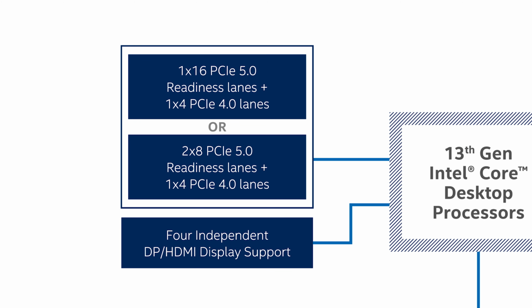So if you have a NVMe PCI Express 5.0 when it does get released, if you notice on the chipset diagram here, it will also split the power of the PCI Express 5.0. It will actually be 2x8 into PCI Express 5.0. Even though it does state that the PCI Express is X16 5.0, even if you put a PCI Express 4.0 graphics card in there, it will still split the power regardless.